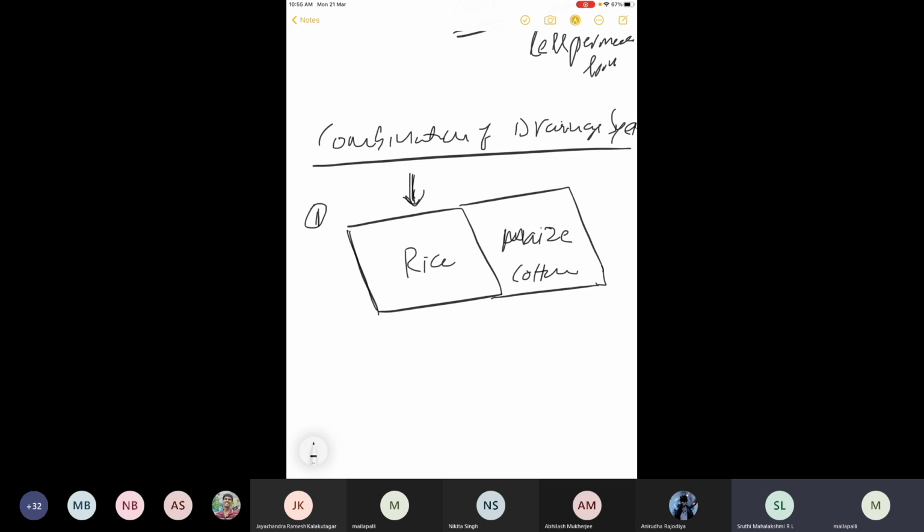The excess water from the rice has to be removed using the surface drainage system, whereas from maize you have to use the subsurface drainage system.